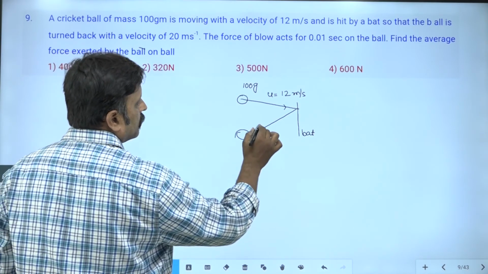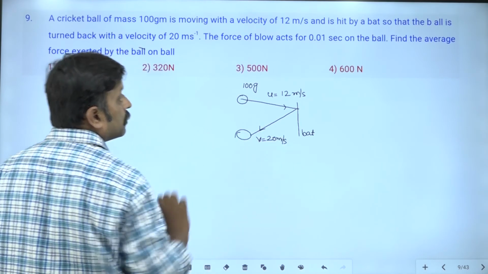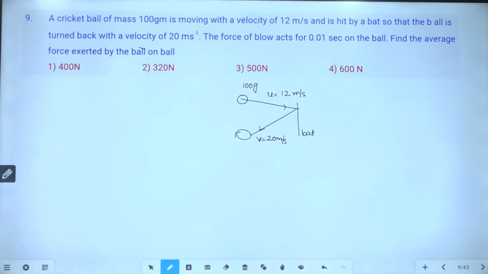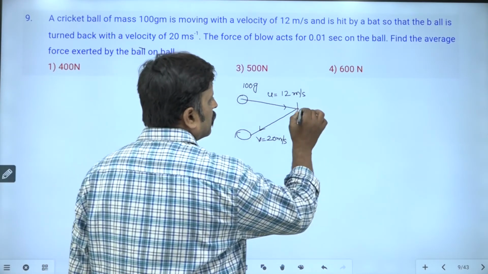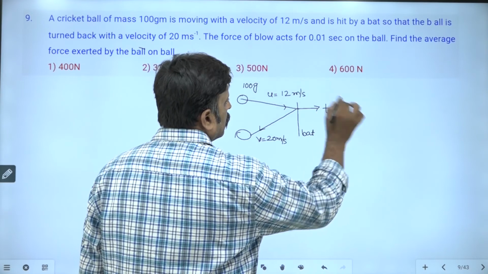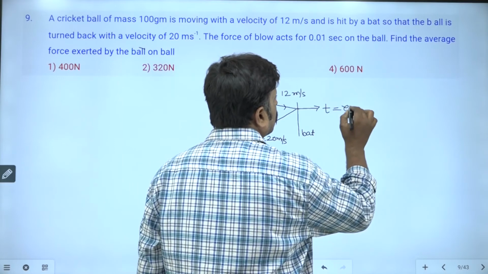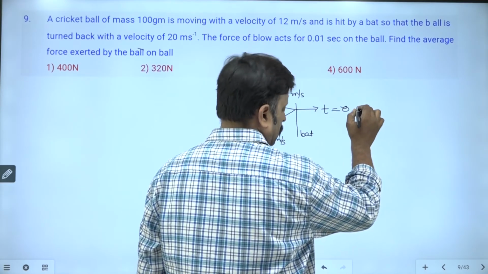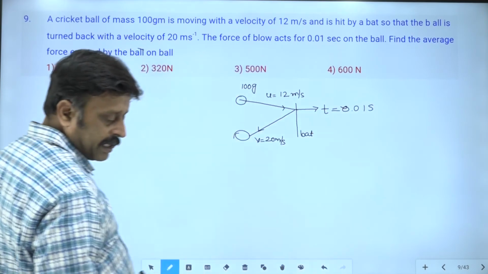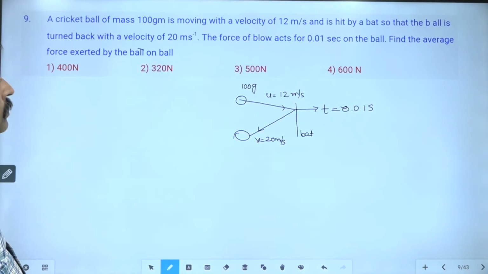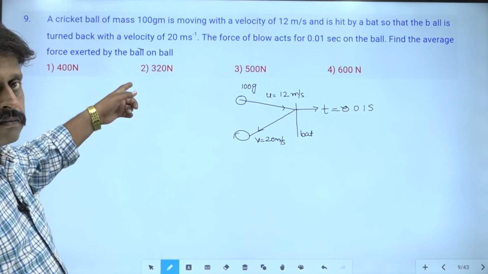The force of a blow acts for 0.01 seconds. Here, the time of contact of the ball with the bat is given as 0.01 seconds. Okay. Find the average force exerted by the bat on the ball.